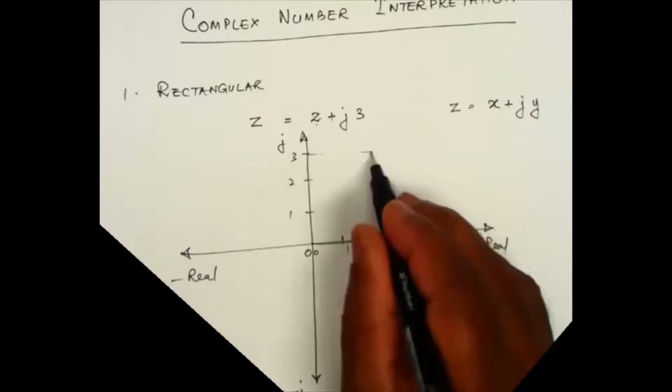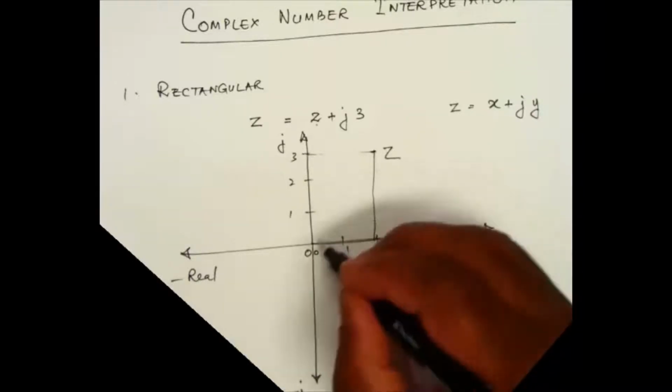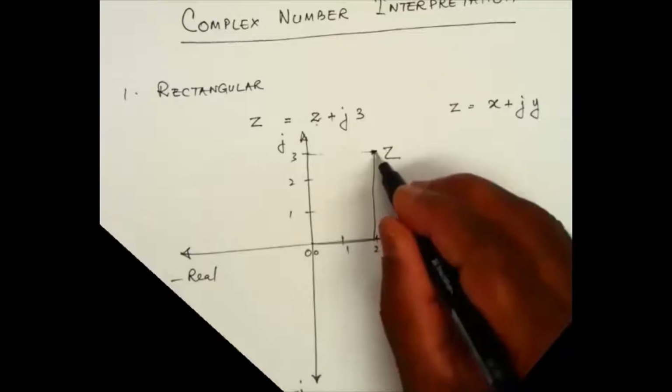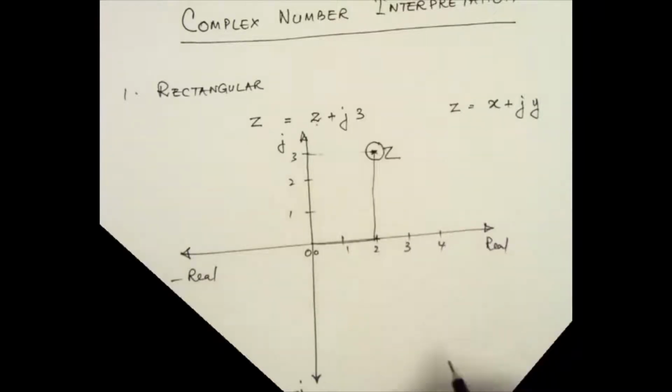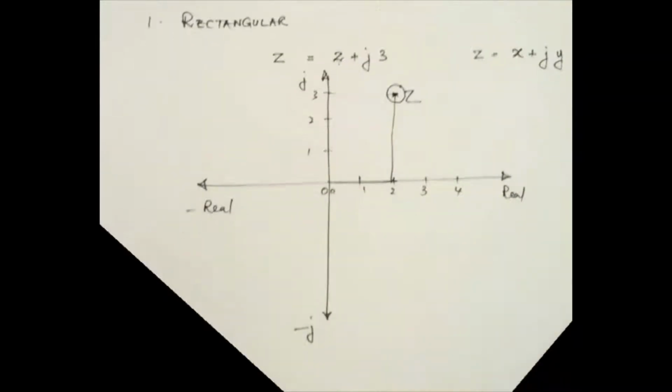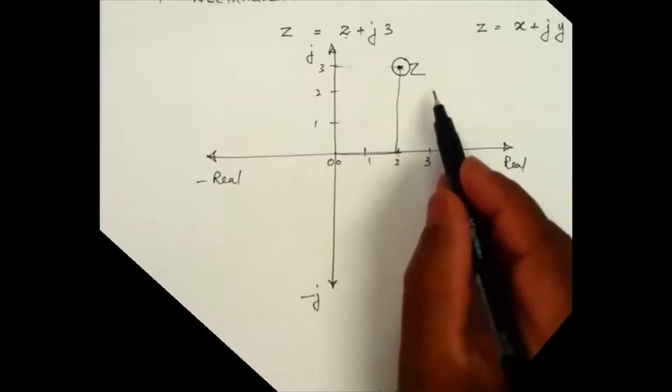So, your number will be somewhere there, that's your complex number, and we say that's the representation in rectangular form. So, we are quite clear about that one.